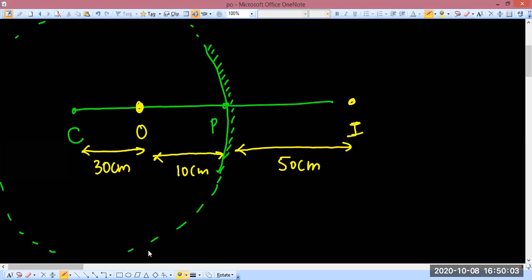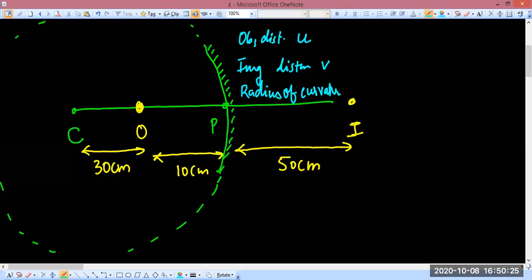So in this case I want all of you to tell me the correct values of u, that is object distance, image distance, tell all together, and third, radius of curvature. You should remember this is a sphere, so where does the radius come from? This distance CP is called the radius of curvature. All right, but we have to use sign convention, right?